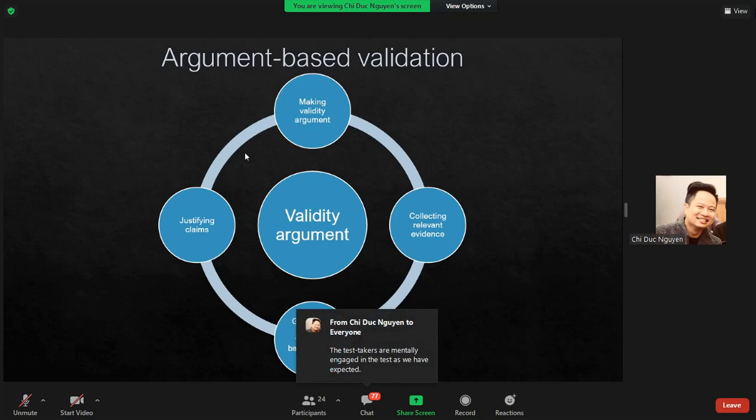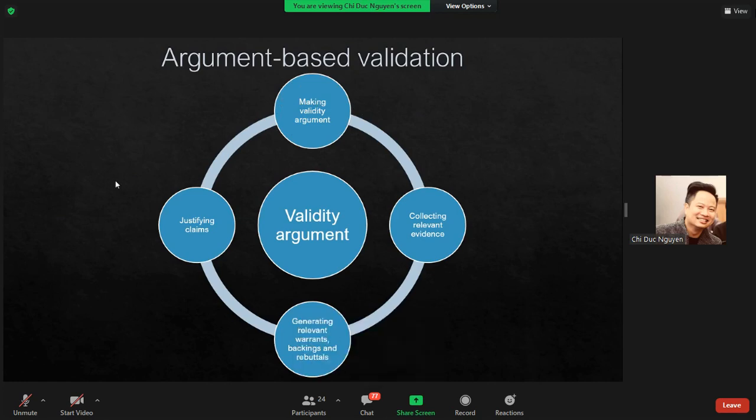My argument now is that the test takers are mentally engaged in the test as we have expected. What kind of relevant evidence might you need to have here, and how can you collect it?